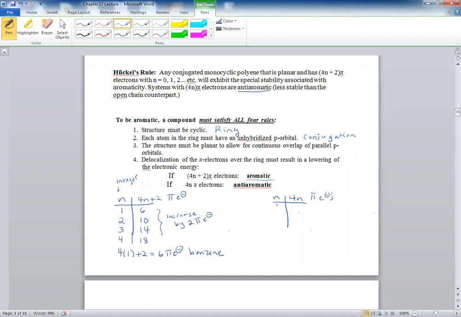For non-aromatic, you of course see the difference is that if you have 1, then 4 times 1 is 4. If you have 2, then 4 times 2 is 8. Then if you have 3, 4 times 3 is 12, and so on and so forth. And again, they also increase in this case. Oh, sorry, we made a mistake here. We should go back and say they increase by 4 pi electrons.